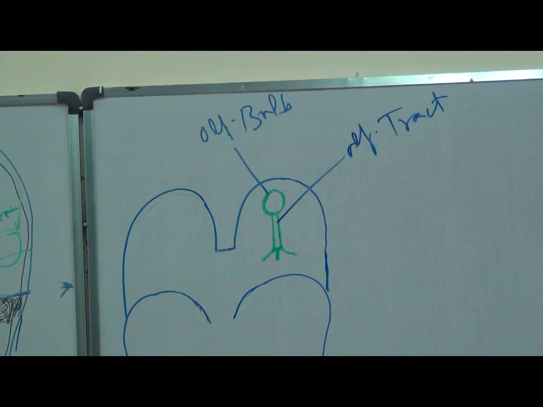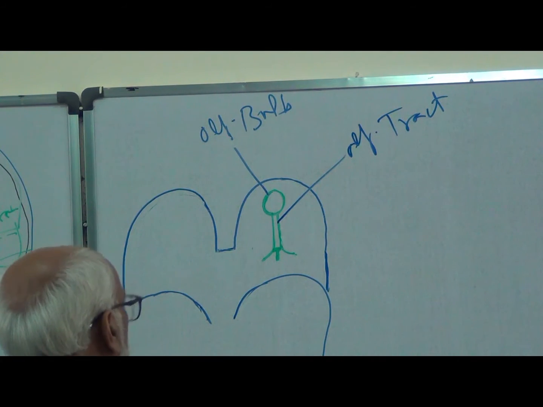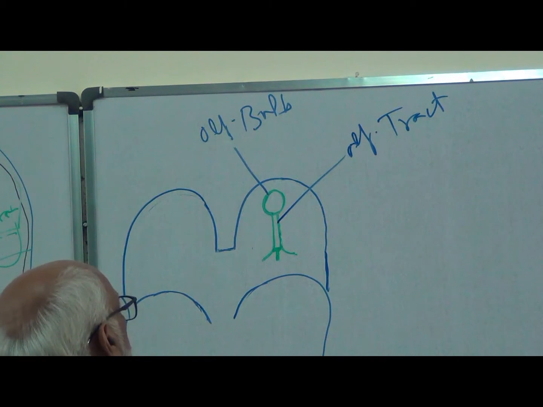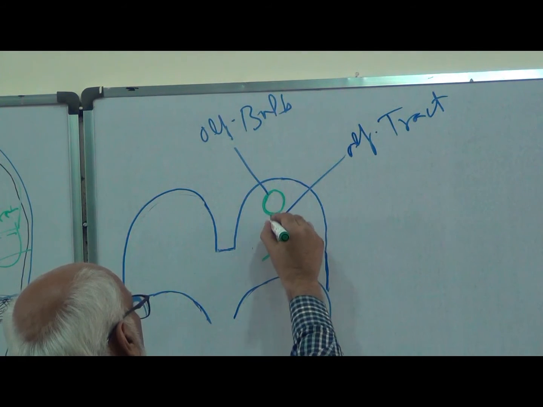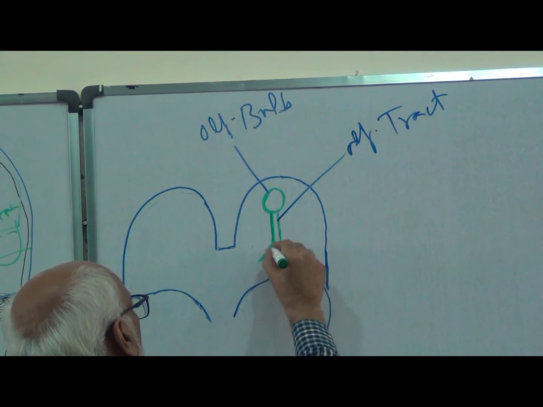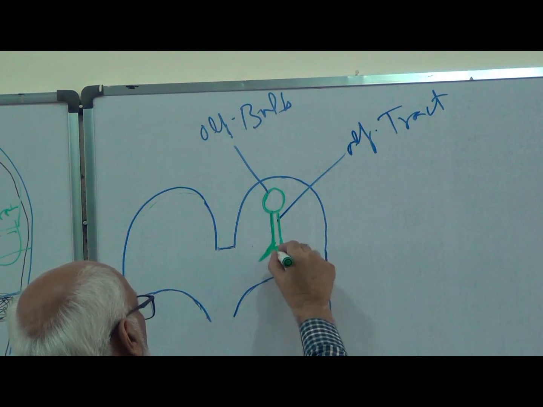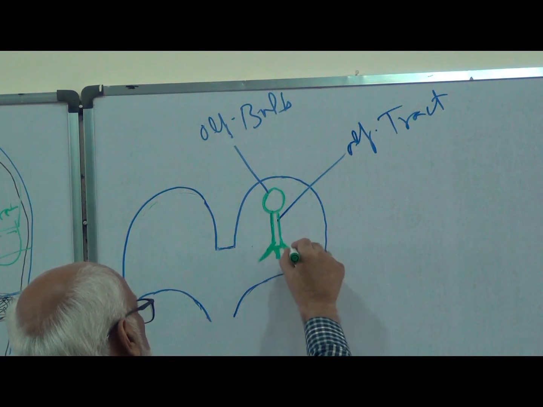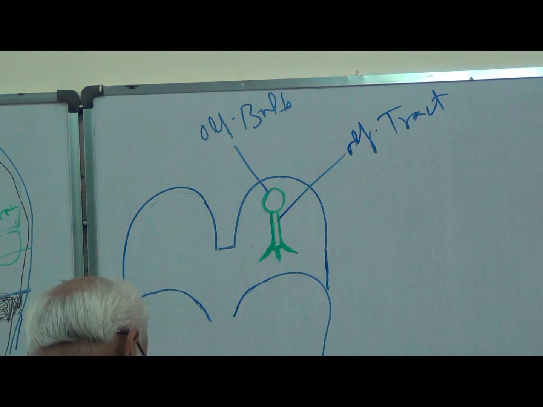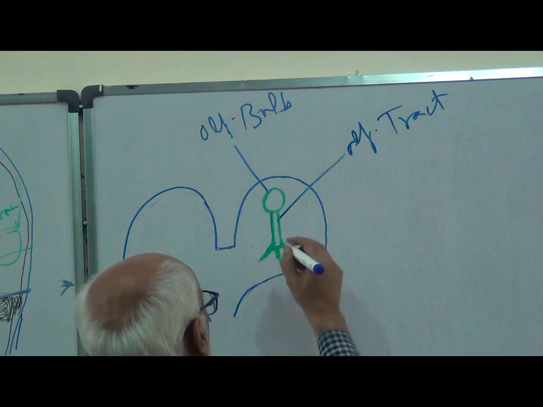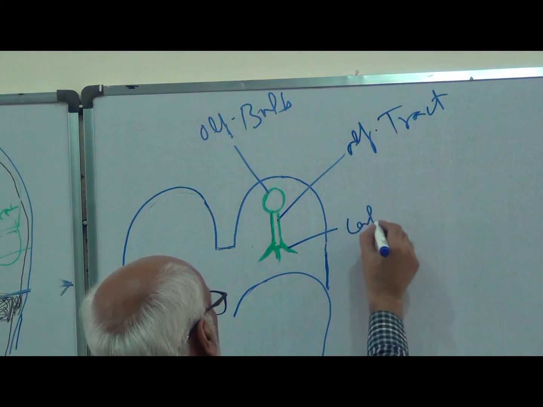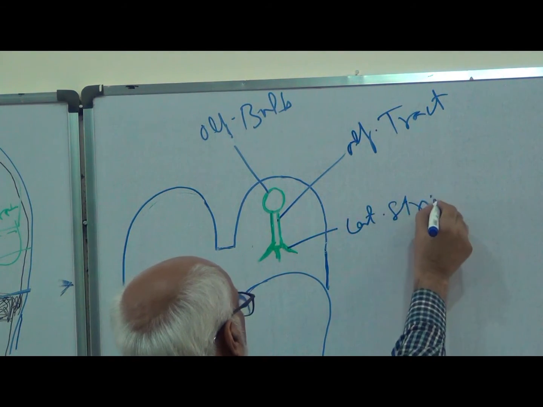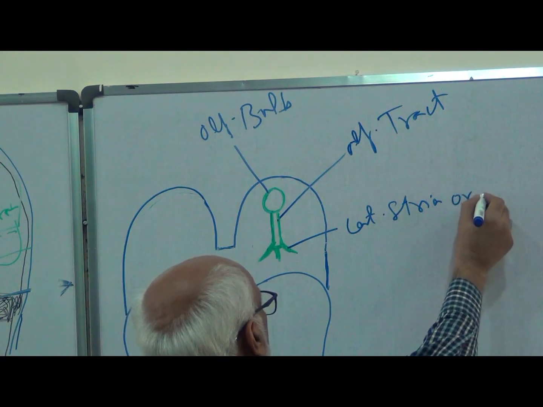The olfactory tract, at its distal end, divides into three roots, the striae. The three roots are three striae. This is the lateral stria or root.